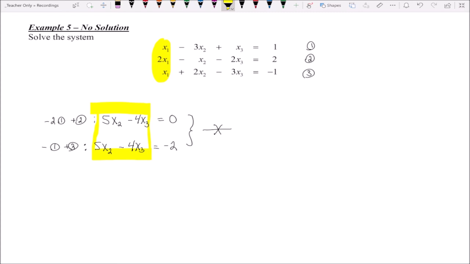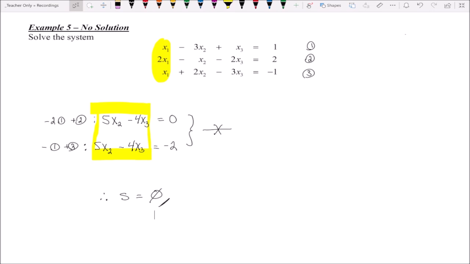That is like saying 8 is equal to 8 and 8 is equal to 7. That is nonsense. This means that there is no solution. So we represent it as the empty set: S is the empty set.